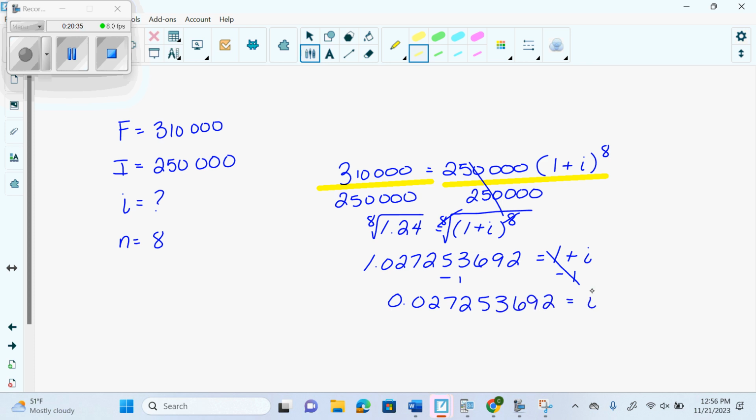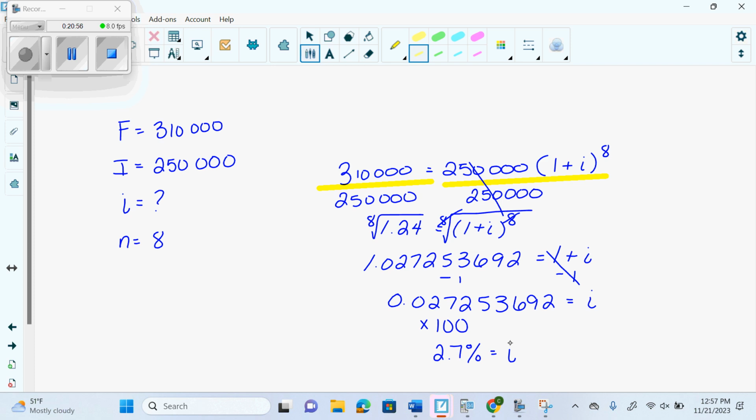And it says here, to the nearest tenth of a percent. Is that in percent? No, so what are we going to have to do? Multiply it by 100. And so I get 2.7%. And I'm not done because I have to write a statement.